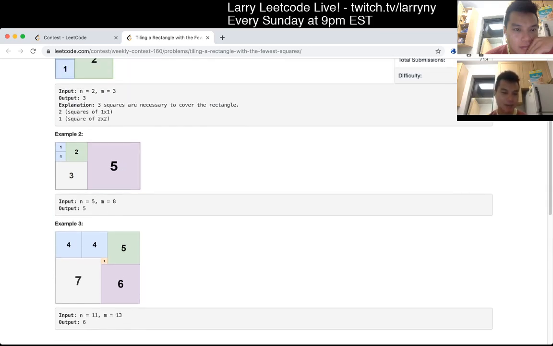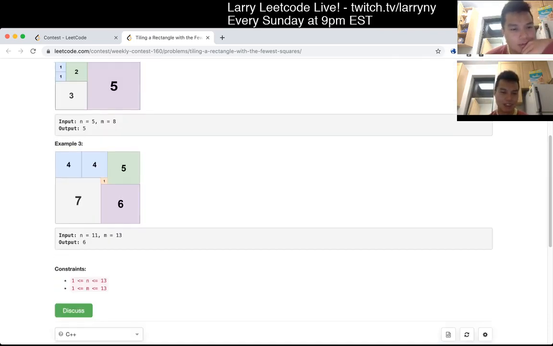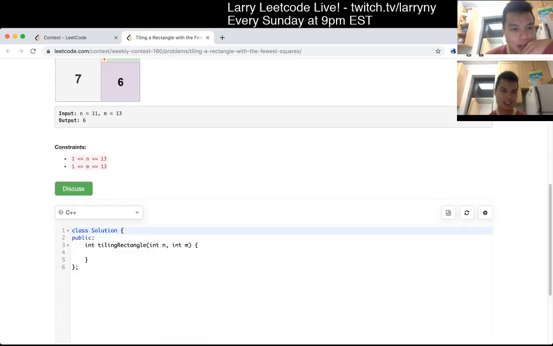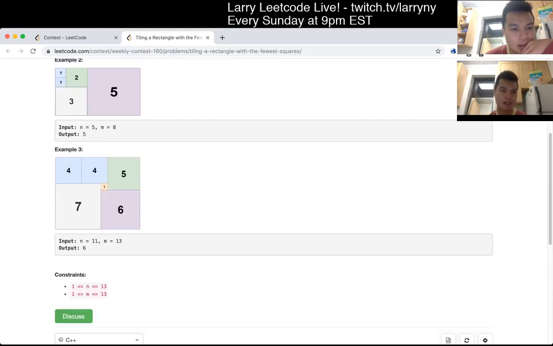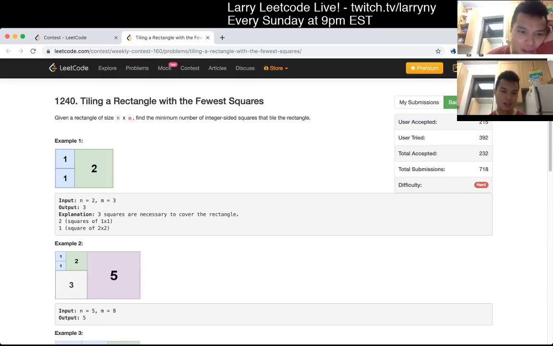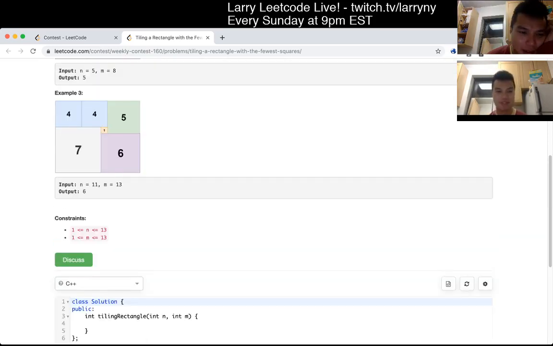I did end up at some point googling this, trying to avoid obviously the LeetCode reference ones, because it feels like a very common problem that people have looked into before, and it turns out that the 11 by 13 case is the only case where things are not axis aligned. I think you could do some kind of brute force recursion, maybe with memoization, but how do you do this?